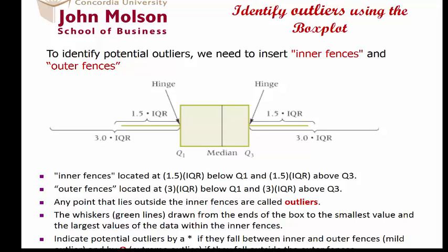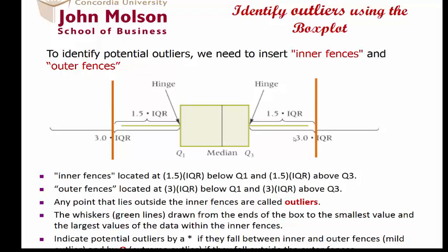My first fence will be at 1.5 times the interquartile range smaller than Q1. Here it is. I go on the other side. My other inner fence will be 1.5 times the interquartile range away from Q3.